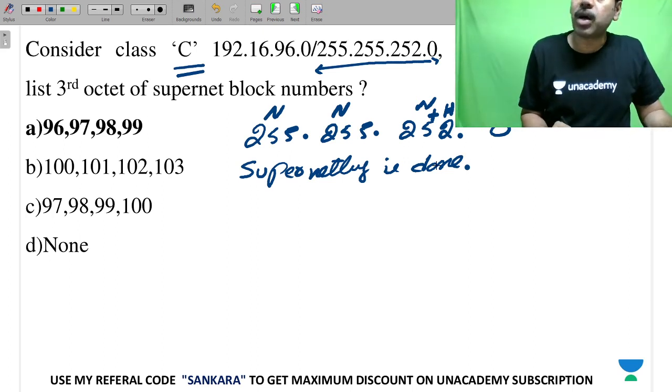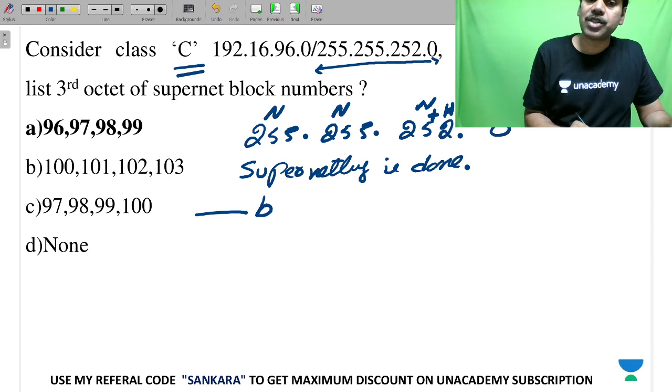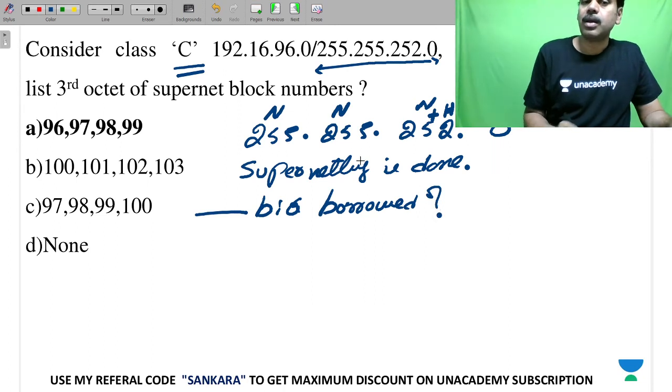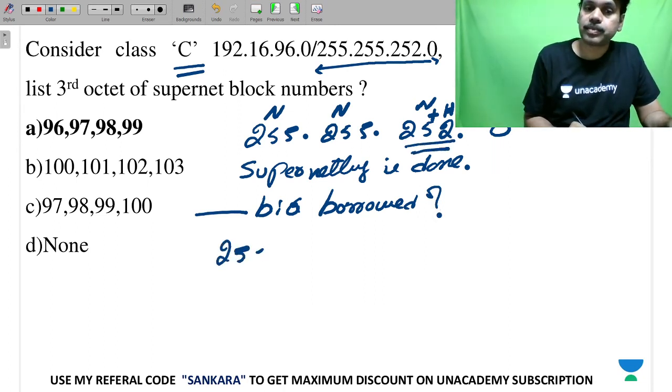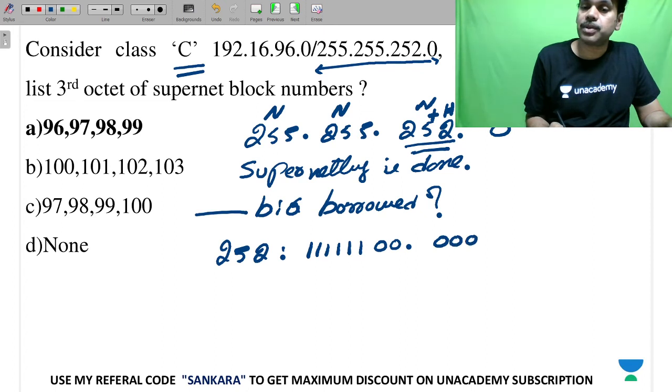How many bits borrowed? That's very, very important. Dash bits borrowed. So let us write this 252 into binary. 1, 2, 3, 4, 5, 6, 0, 0, 1, 2, 3, 4, 5, 6, 7, 8. So how many bits you borrowed?